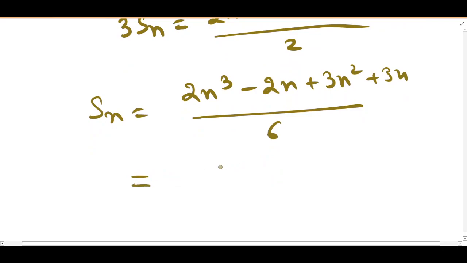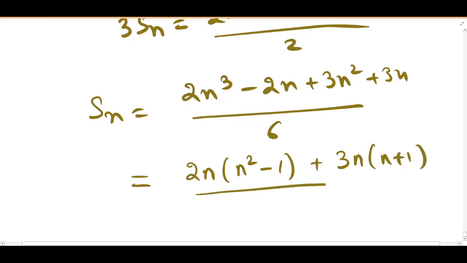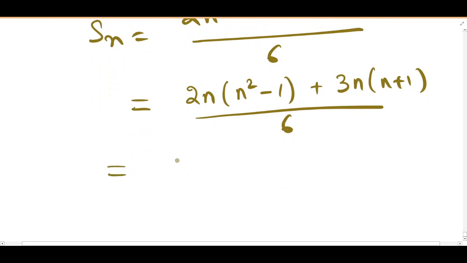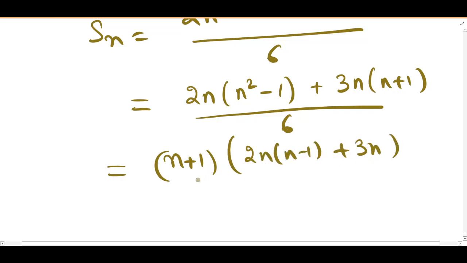If we take n common, we have n times (2(n square minus 1) plus 3n(n+1)) divided by 6. So we can write (n+1) times (2n(n minus 1) plus 3n) divided by 6.